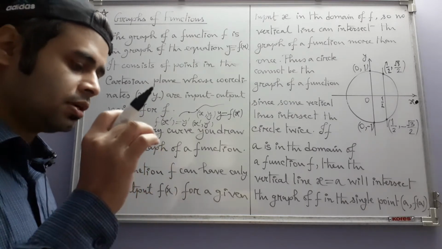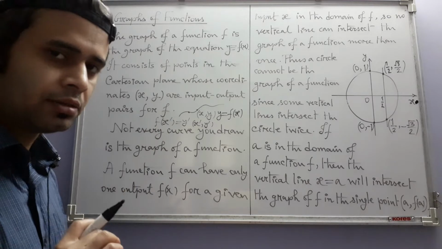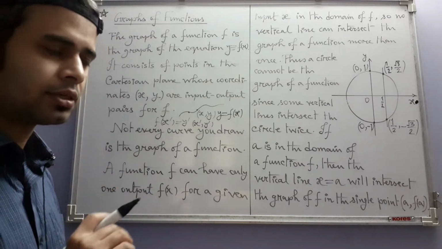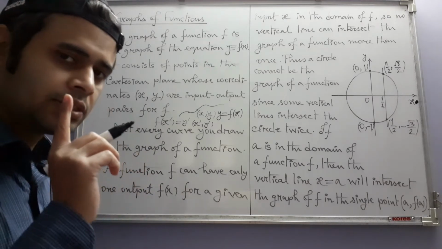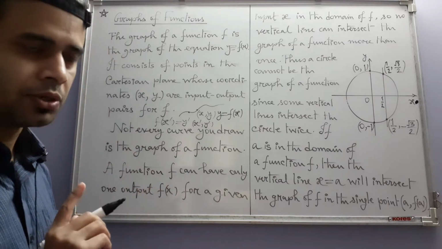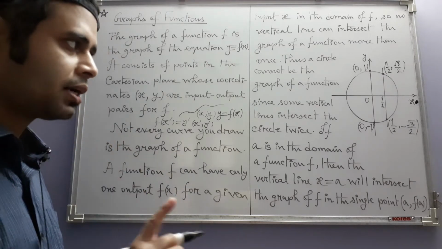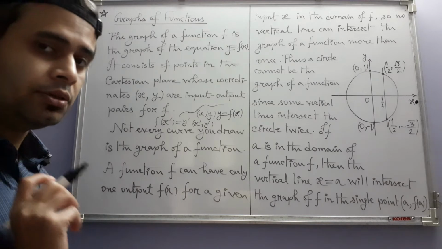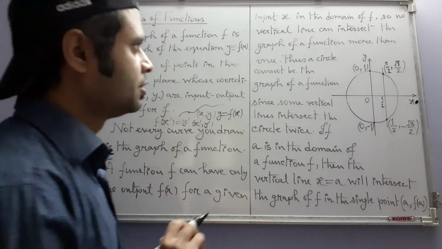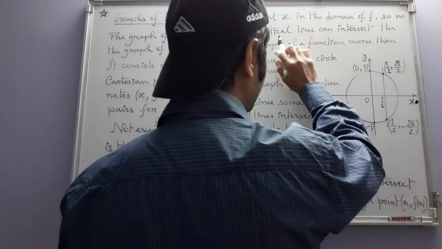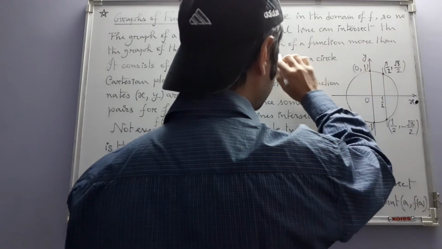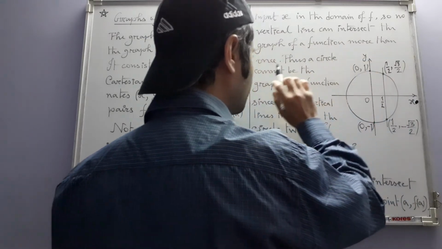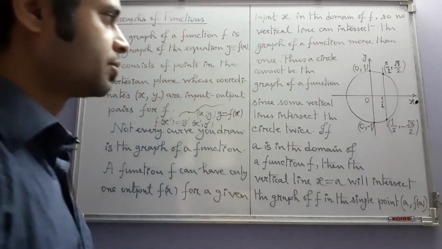If we give some input in the formula for the function, then we should get only a single output, not more than one output. First of all, we should get one output, and that output must be unique for that given input. And that is why no vertical line can intersect the graph of a function more than once.